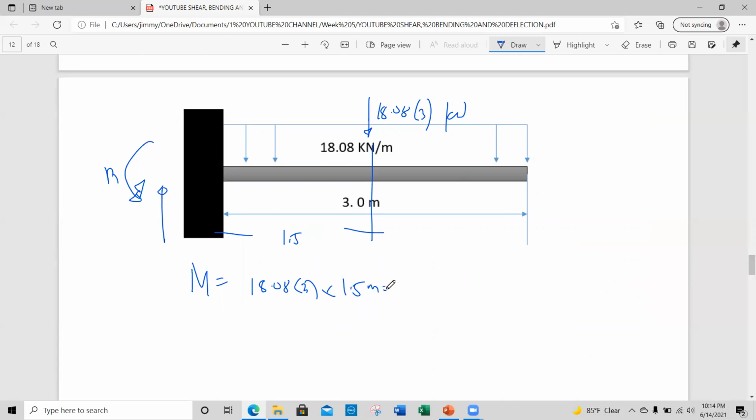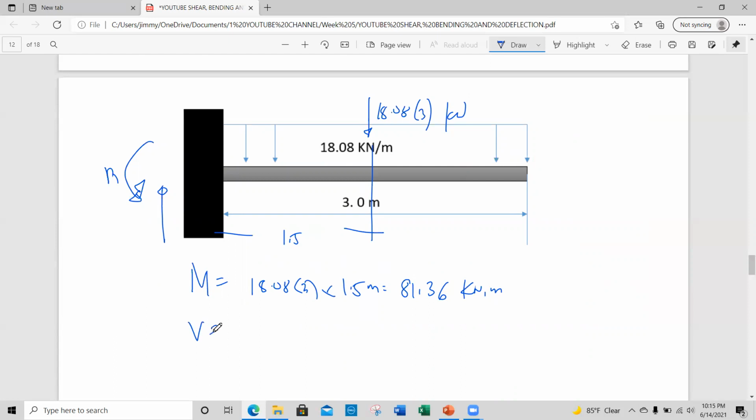Then you get 81.36. This will be your moment, the applied moment that you are going to use in determining the section modulus.